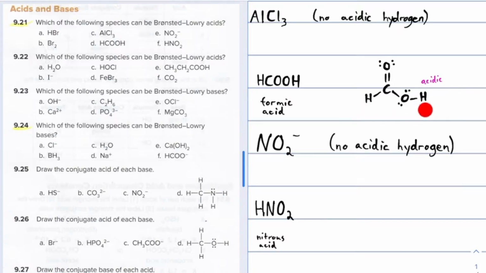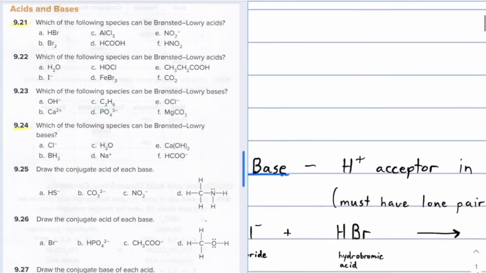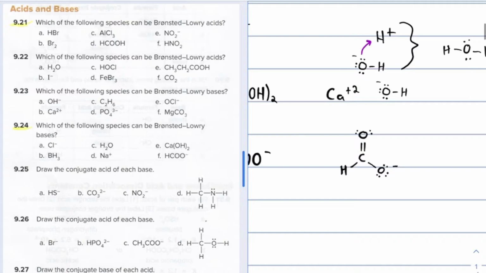Up here, it has the ability to lose or donate a proton in a reaction. If it donates this proton, and another base comes by and grabs this proton, you would be left with the formate, which is that right there. So this is actually the conjugate base of formic acid.